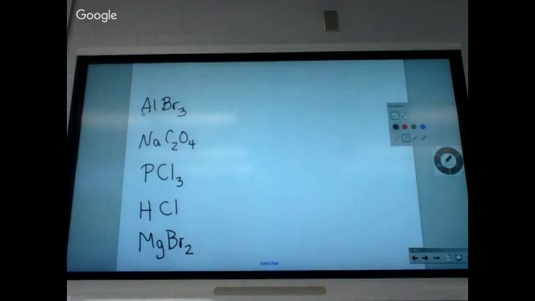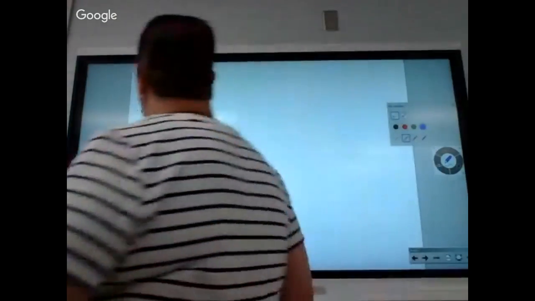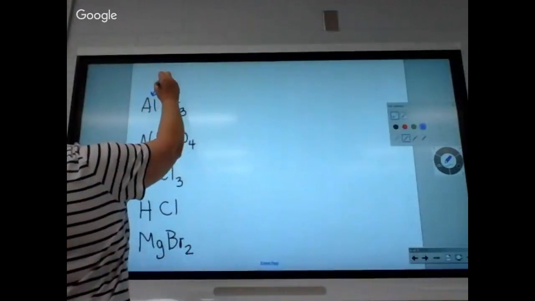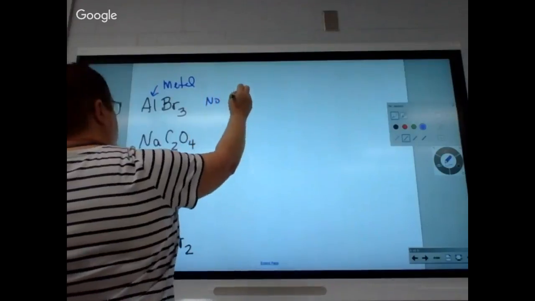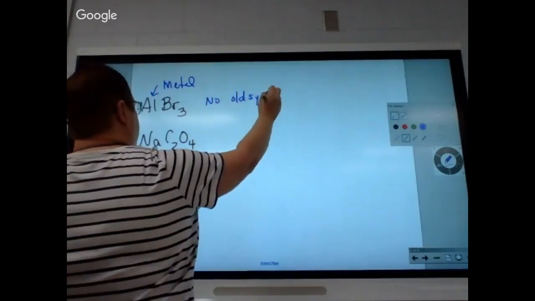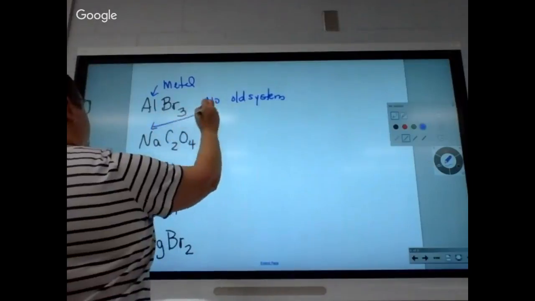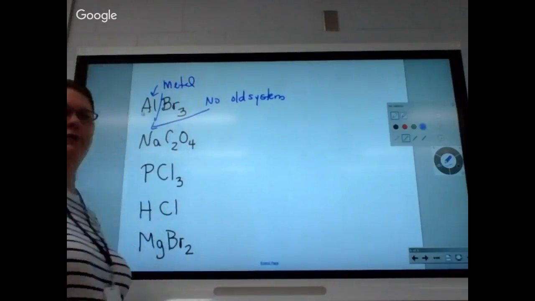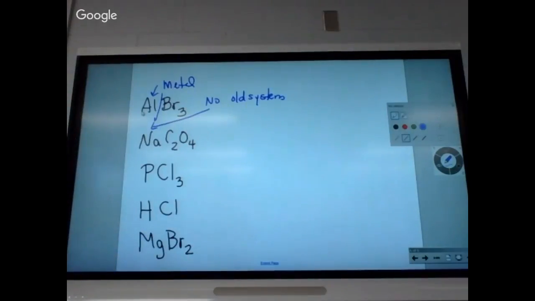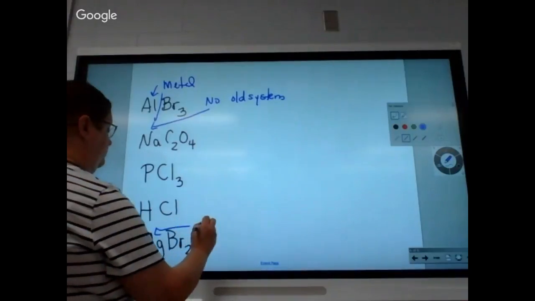Okay. Why can I not use old system on the first or second one? Diamond? Okay. This right here is a metal. So no old system. She is correct on both counts. Both of those are metals. No old system. We'll not be able to use a prefix system there. The last one, you can't use it on the last one either. Because this right here is a metal.